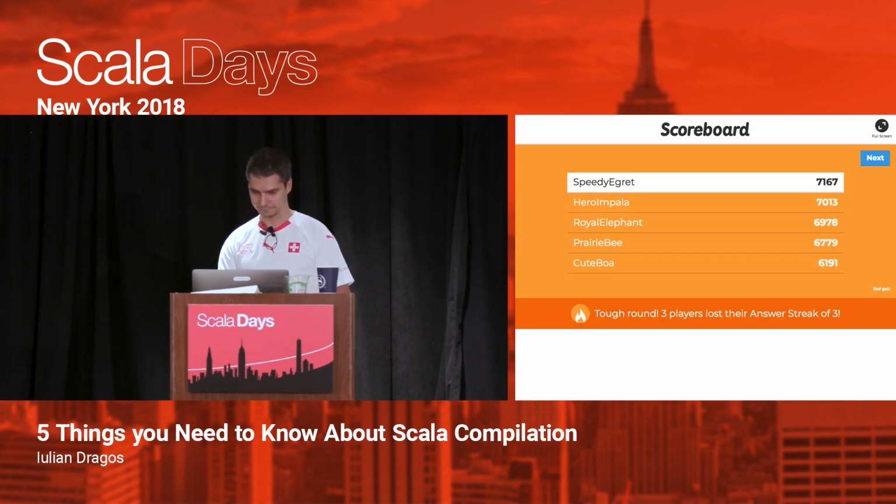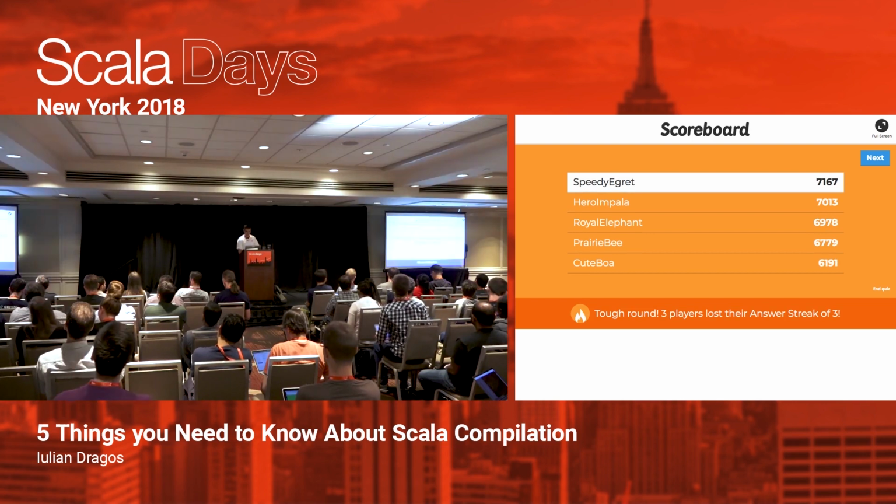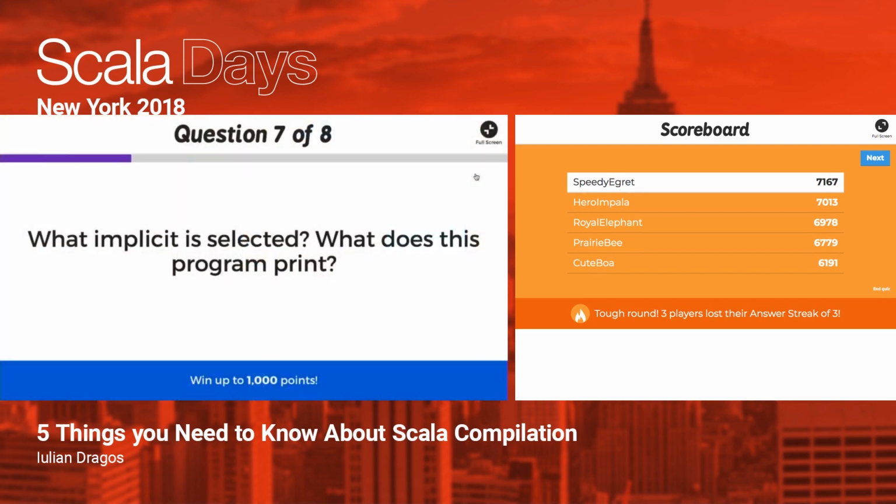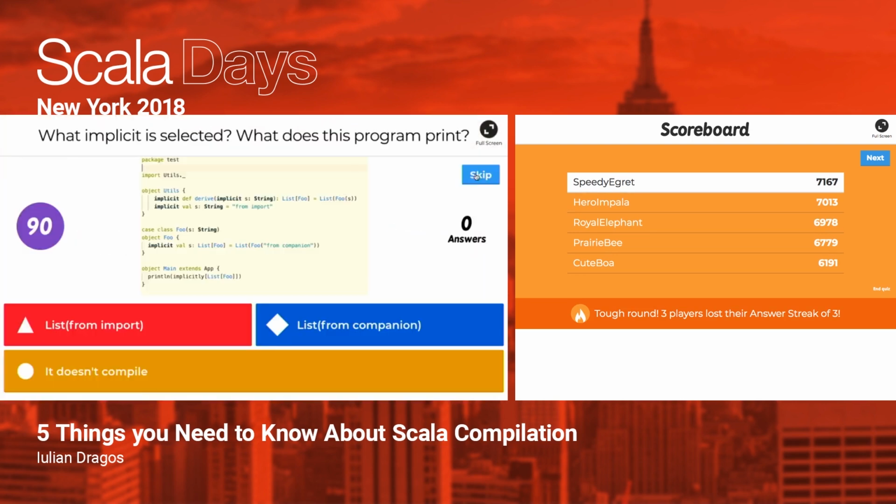All right. Let's go to the 7th question. What implicit is selected here? And what does this program print? So this is a minute and a half.